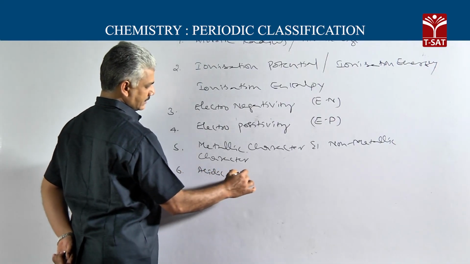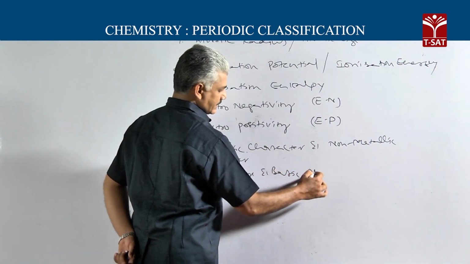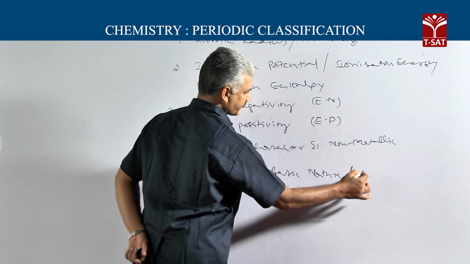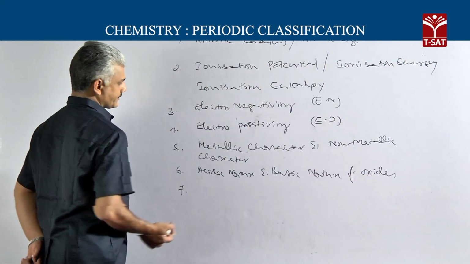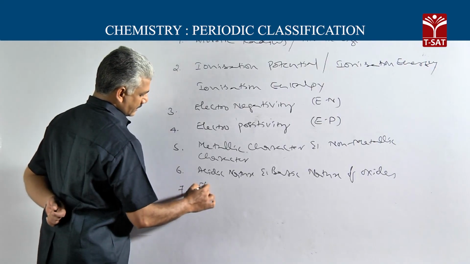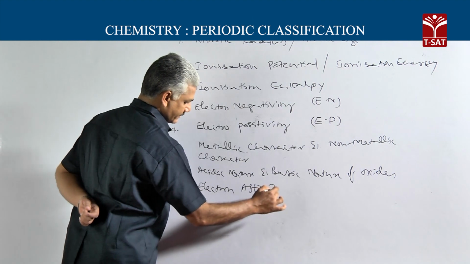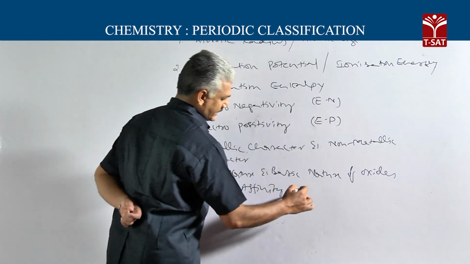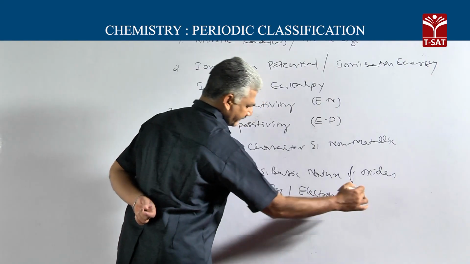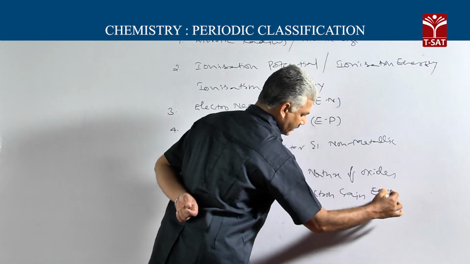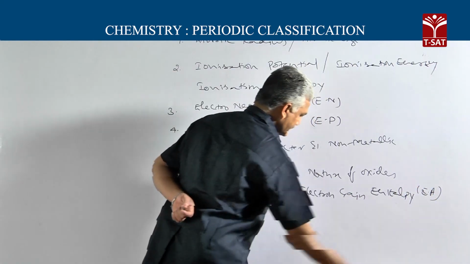Acidic nature and basic nature of oxides. Electron affinity, also called electron gain enthalpy, in short represented as EA.